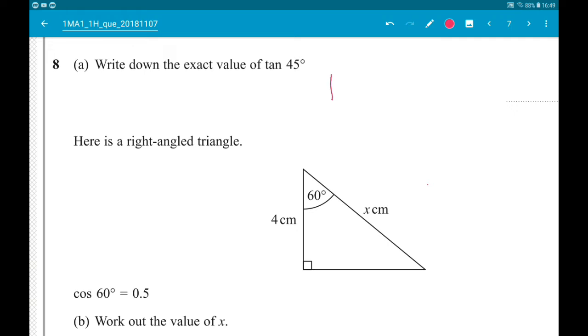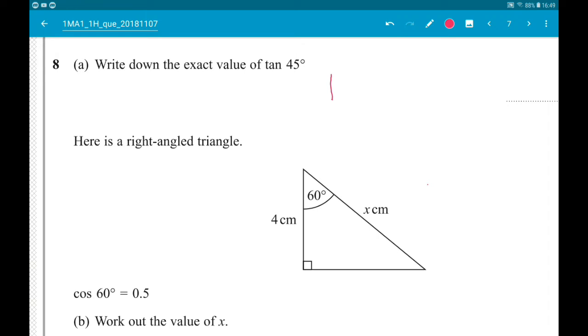If you don't know how to calculate exact trig values, check out the playlist down below. Then for part B, we have a right angle triangle, where we know one angle is 60, the adjacent to that is 4, and the hypotenuse is x. We're told cos of 60 is 0.5, and our job is to work out the value of x.